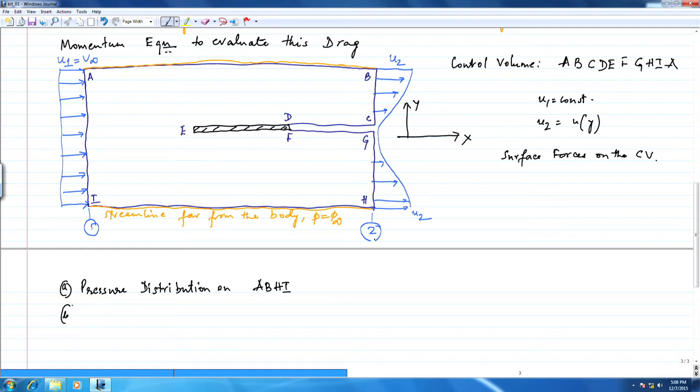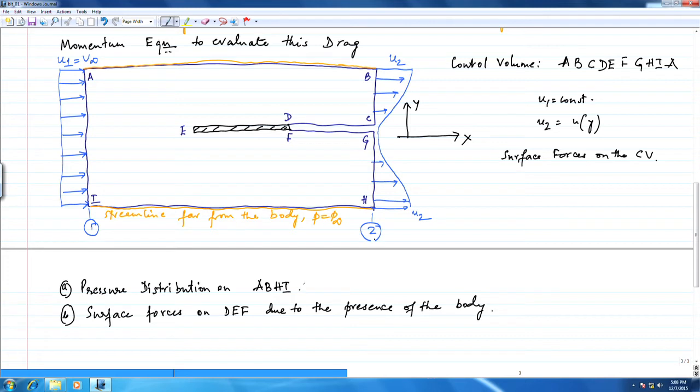And the other thing is that there will be surface forces on DEF due to the presence of the body, in this case the flat plate.